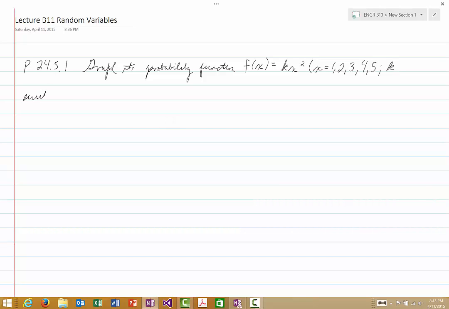We'll talk about what that means in just a moment. And then we're also asked to plot something called the distribution function.